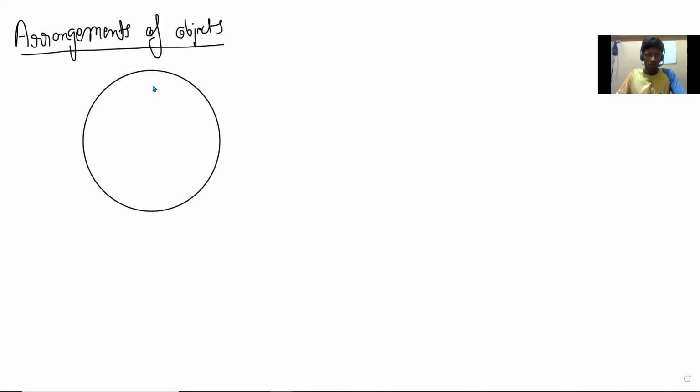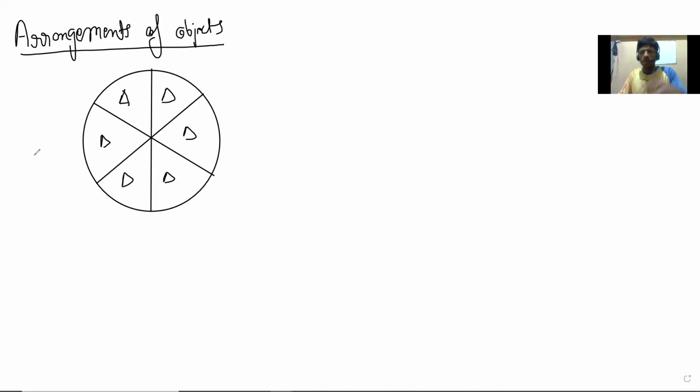So there is 6, okay, 6 sectors. And we have some cones. Yeah, cones are kept in the sectors.